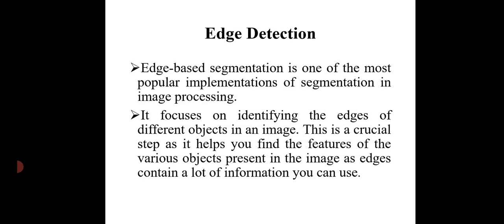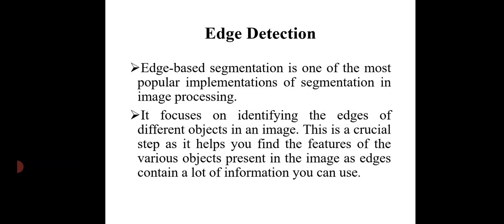Then we discuss one by one what is meant by edge detection. Edge-based segmentation is one of the most popular implementations of segmentation in image processing. It focuses on identifying the edges of different objects in an image.